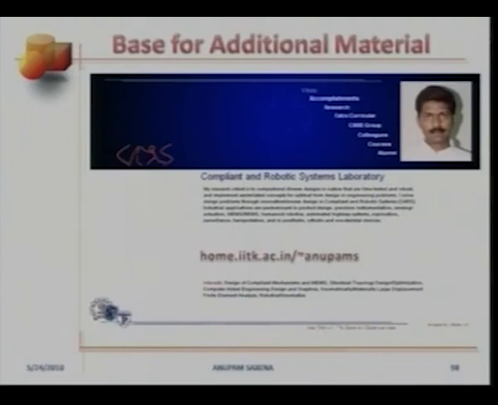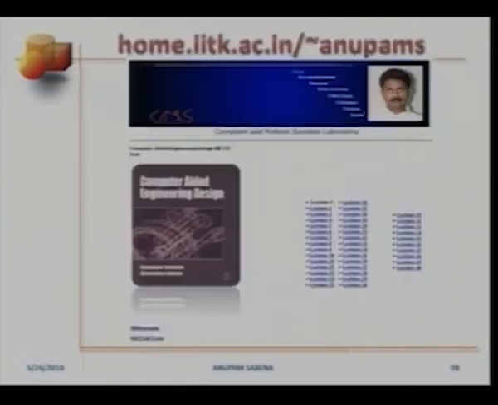You click on courses and you click on the first course, and you will see that different PowerPoint slides are placed right there. I have also provided an extensive bibliography for this course for those who are interested in learning more, and I'll try to provide MATLAB codes for you to explore and have fun with.